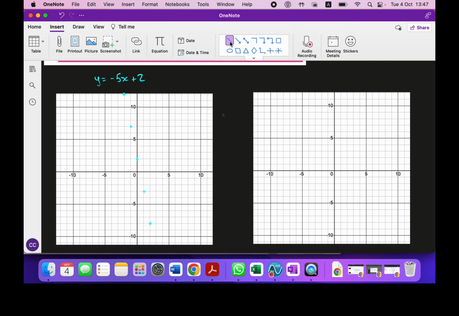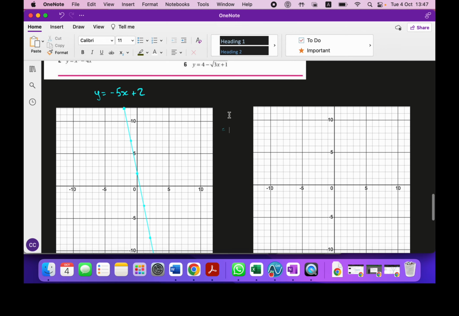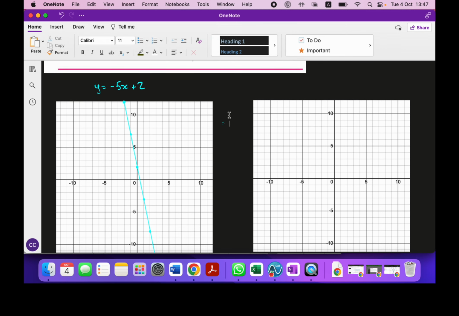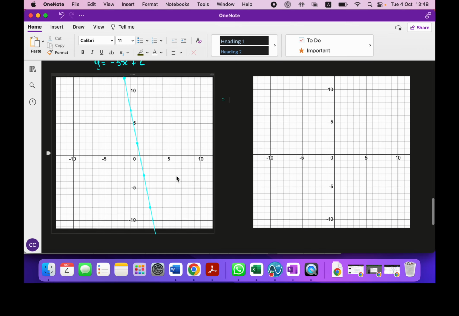I'm going to put a line in that starts right there, and I'm going to pull it straight down to look just like that. That's my y, that's just my f of x, okay? Now, if I wanted to do the same exact thing following my rules for the absolute value, if y is greater than 0, there's no change.